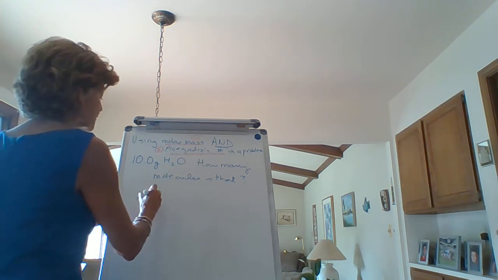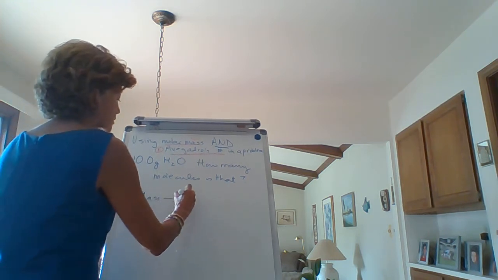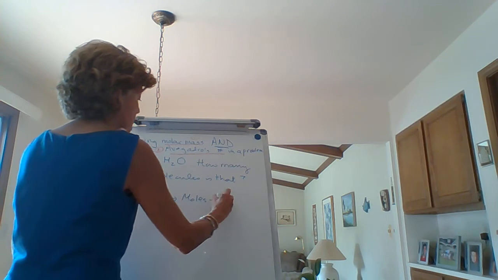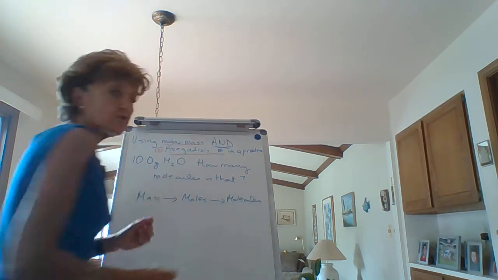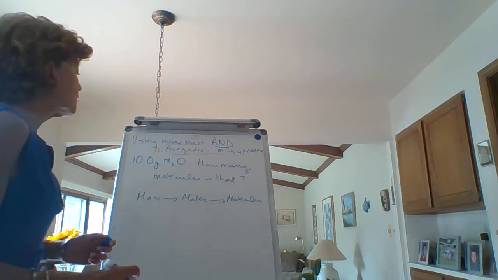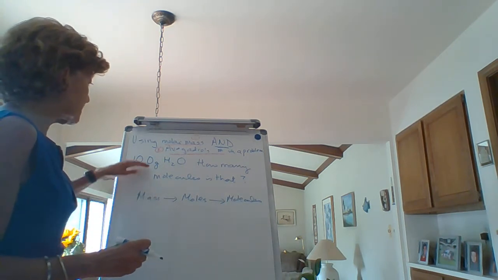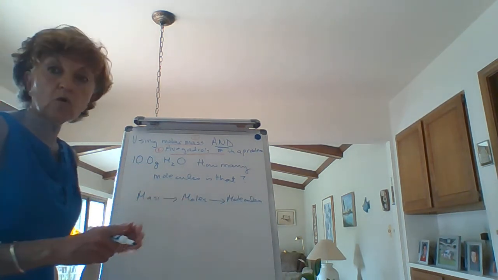Basically, you want to go from mass to moles to molecules. That's our strategy. So how do we go from mass, 10 grams of water, to moles of water?